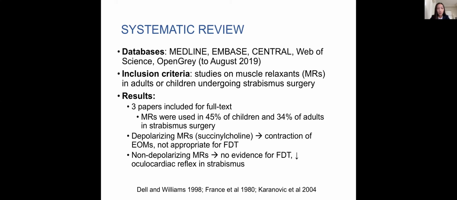And rocuronium significantly decreased the oculocardiac reflex compared to no use or succinylcholine use. Overall, there were no RCTs evaluating the use of non-depolarizing muscle relaxants during strabismus surgery, and so the literature doesn't actually support the use of muscle relaxants for FDT.